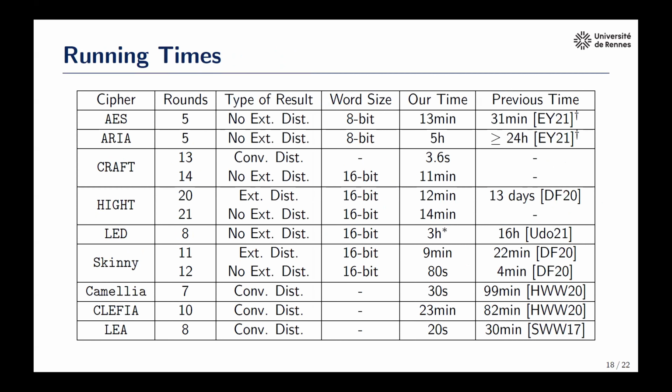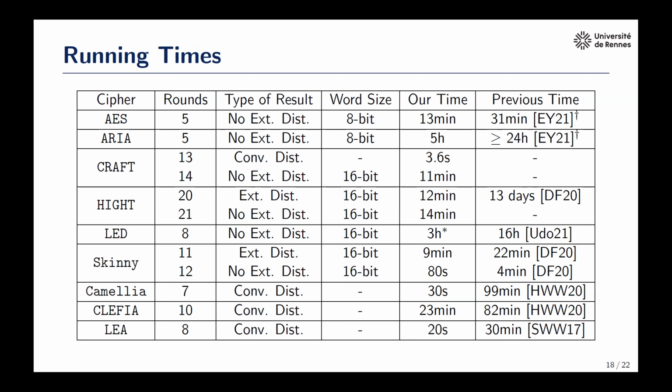And if you look at the running times, you can see that we are much faster than all previous works, and all our running times are obtained on a laptop. So it's not a very powerful laptop. While, for instance, the results from DF20, that's me and Pierre-Alain, were obtained by using a 128 core server.